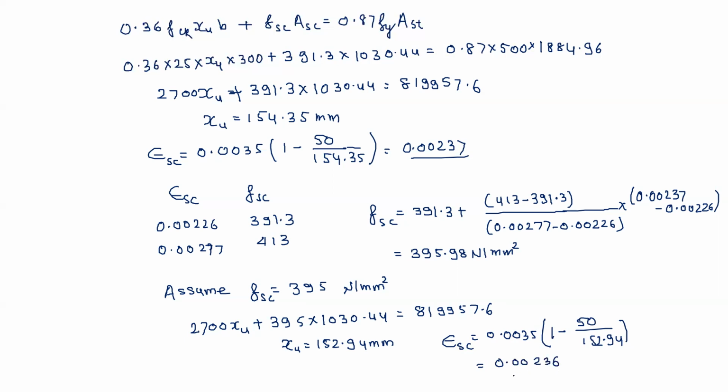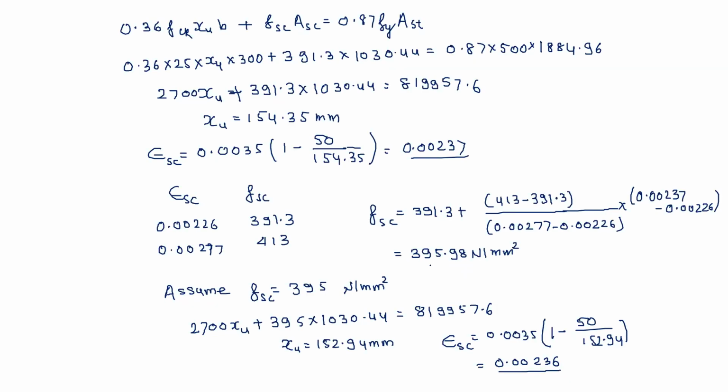Now we see this epsilon SC of 0.00236, and for 0.00237 the value is 395.98. So there is only a small change.